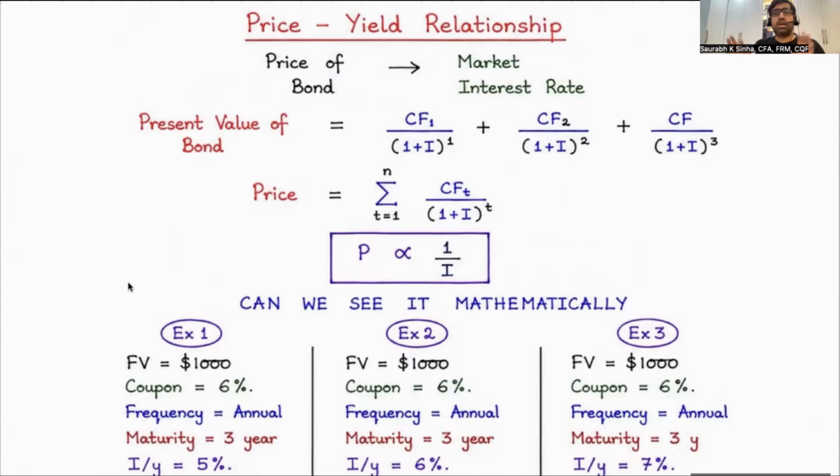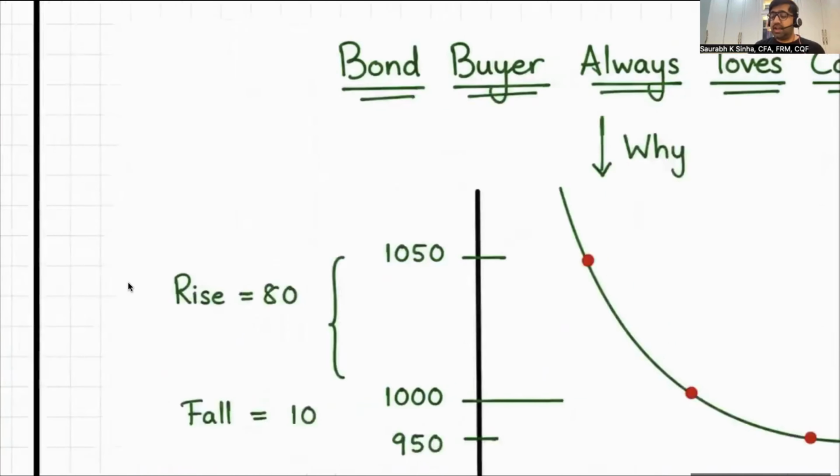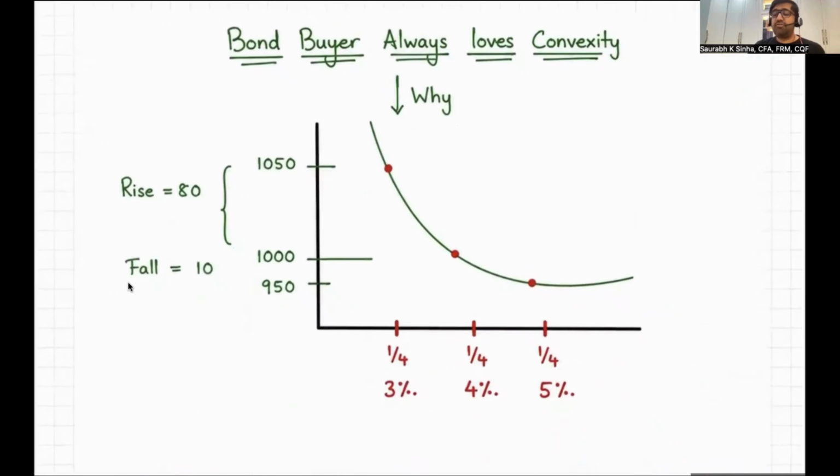Now, if I have to summarize the entire lecture in just 30 seconds, I would say that bond price and interest rate have an inverse relationship, not direct, inverse. But not just inverse, they have an inverse convex relationship.